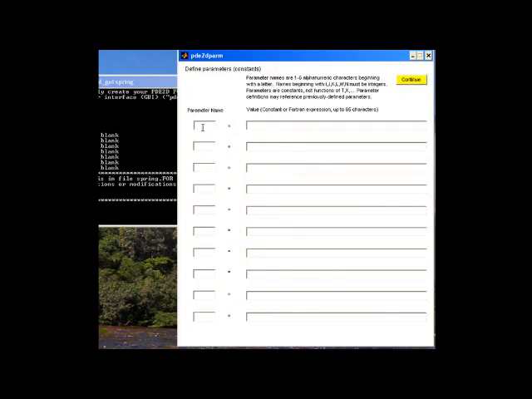Okay, I'm going to define m to be the mass. Actually, I'm going to call it RM instead of m, and the mass will be 1. K, which I'm going to call RK, will be 101.